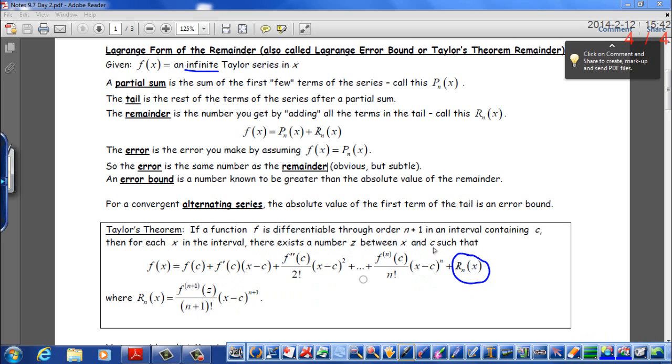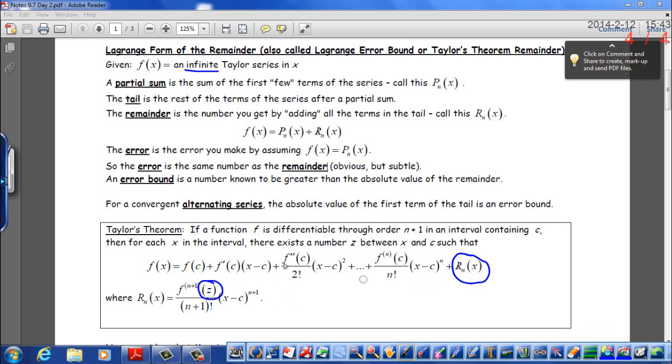Now remember, c is where you're centered, and then x is the value that you're plugging into the function to approximate. So basically the remainder is exactly equal to this next derivative evaluated at some number z that's between x and c, and then divided by n plus 1 factorial times x minus c to the n plus 1. It's in keeping with this formula right here. Now, the problem is that there's no way to really find this magic z.